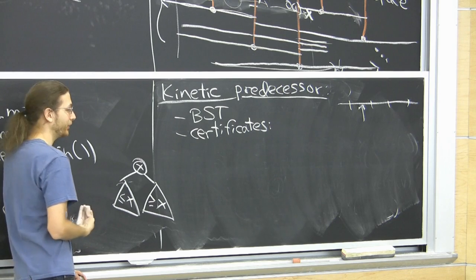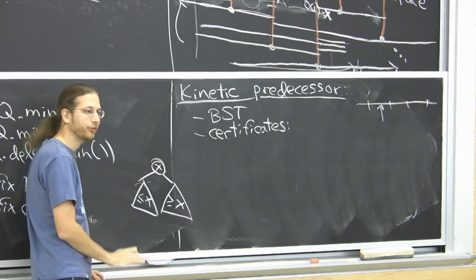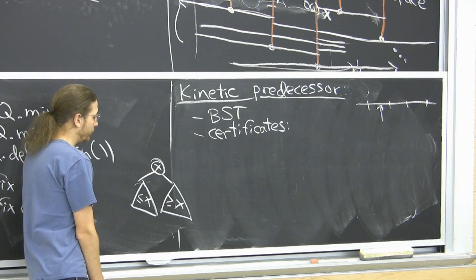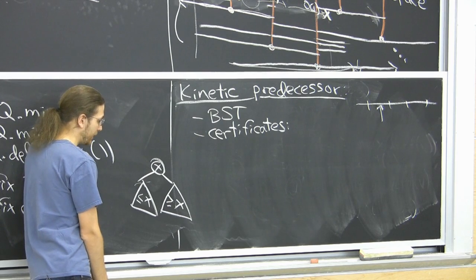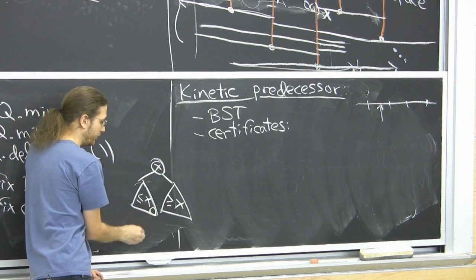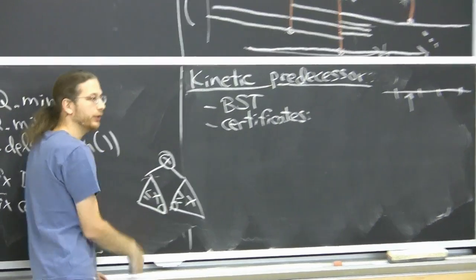Almost everyone has a relation. I'd prefer to get away with fewer certificates, because then fewer certificates will fail. So, cute idea: I really only need to compare x with the max in the left subtree and the min in the right subtree.